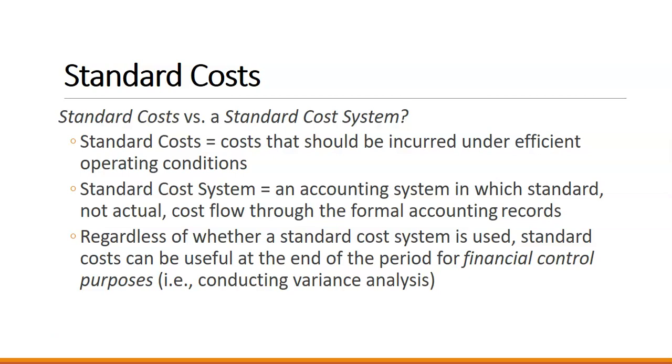Our standard costs are useful for conducting variance analysis for financial control purposes. So if we use a standard costing system, we use variance analysis in our accounting records. This includes the recording of our inventory costs, our direct materials usage, our direct labor costs, and our overhead costs.